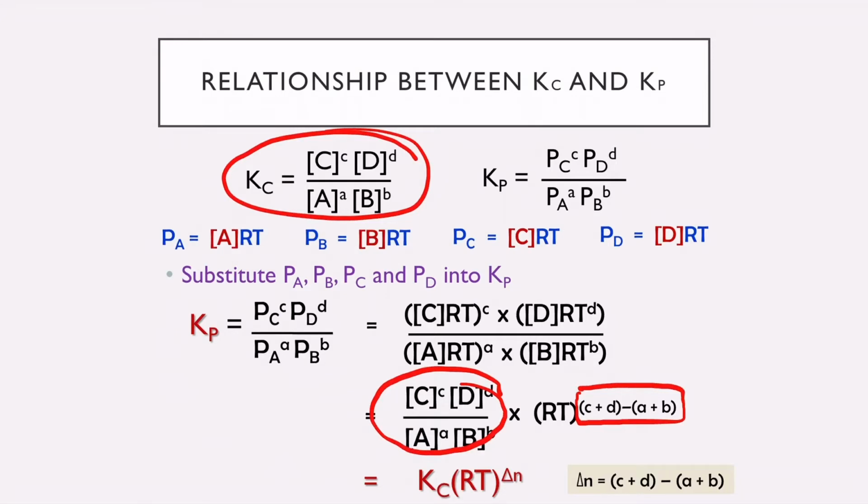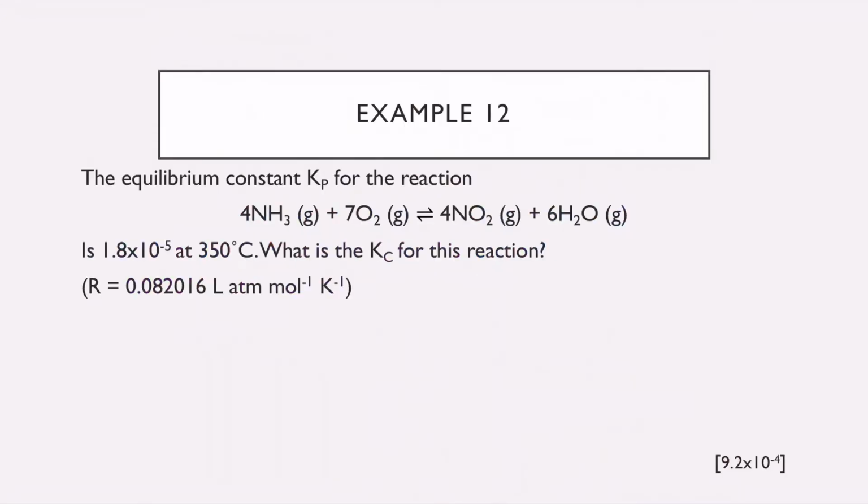your number of moles. Okay, so for example, like this question here, it told you the equilibrium constant Kp for the reaction is 1.8 times 10 to the minus 5, right? At 350 degrees Celsius. So what is the Kc for this reaction?